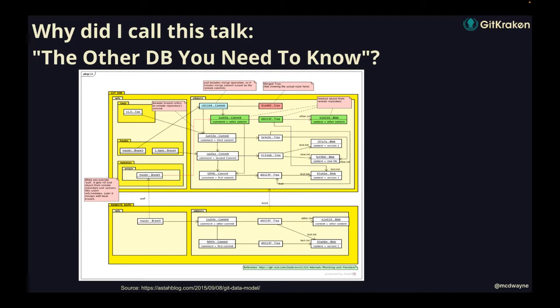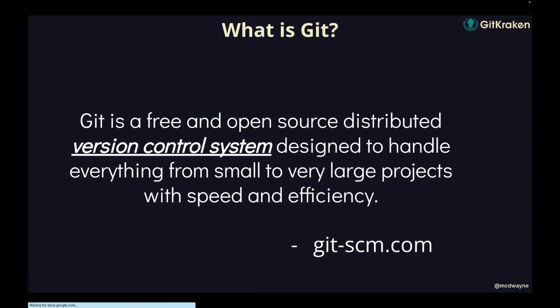Same way that a database works in the stack. That's why I personally feel it's the other database you need to know about. There is internally a concept called the Git database, but we're not really going to get into that level of granularity with how Git works. I just wanted to clarify that in case you're wondering why I called Git a database.